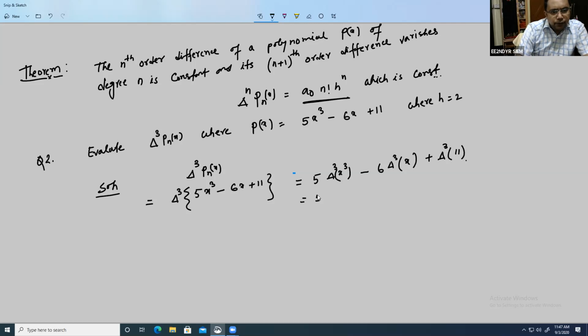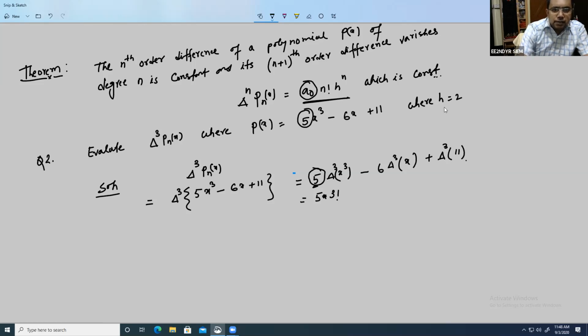So 5 del cube x to the power n. What is your polynomial? P(x) is x cube. So a0 is the leading coefficient, and this is your factorial n. What is the power? It is x to the power n, so a0 equals your constant. Clear? This is my a0 when we are considering the polynomial. Now a0 into factorial n.